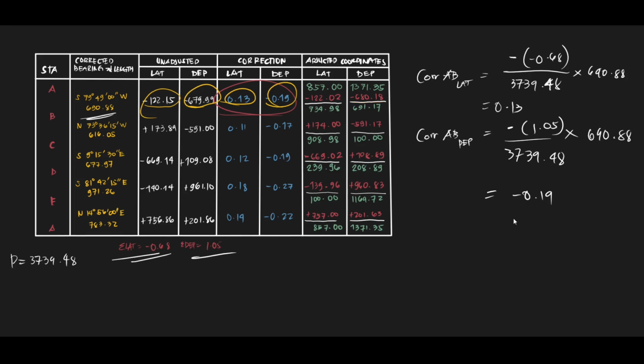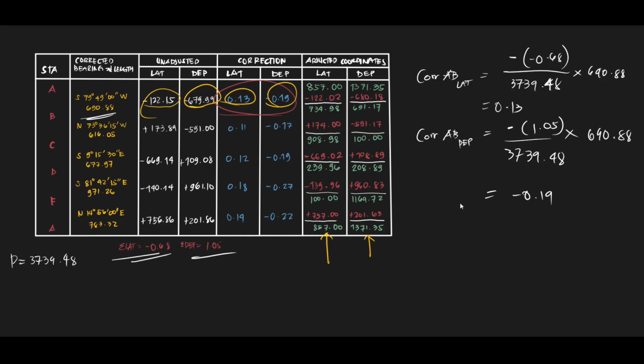Okay, so for getting the coordinates of the corners, you basically just add the corrected latitude and departures, and then just do it over and over until you return to corner A. And as you can see here, we have 857, same as our initial, same as here. Okay, so that's it for the compass rule.